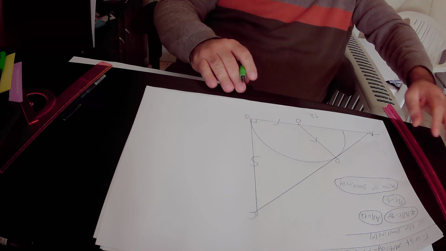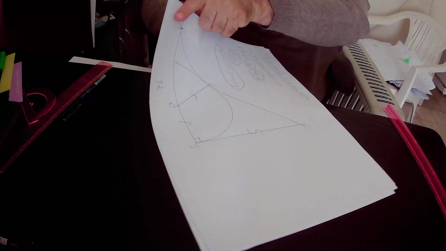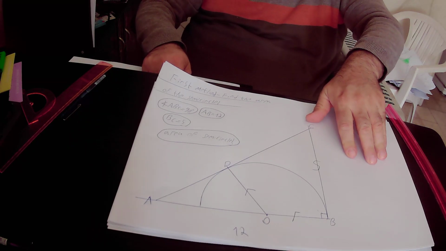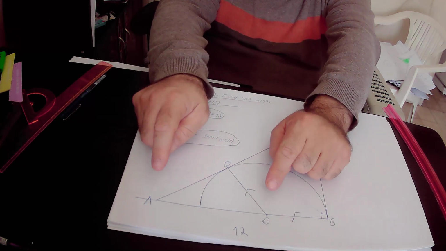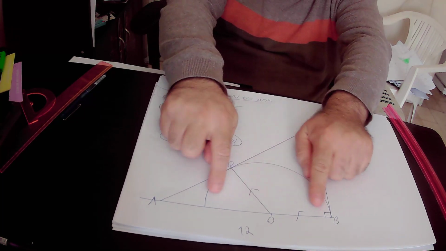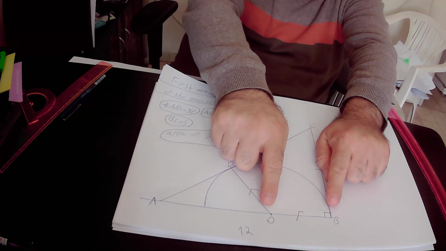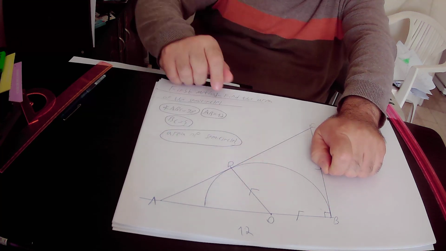And here you can see that AB minus BO equals AO. Again, AB minus BO equals AO.